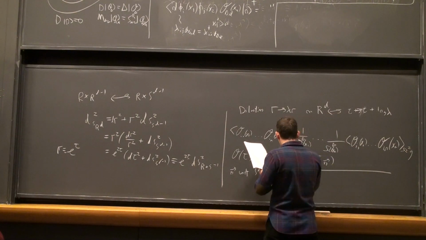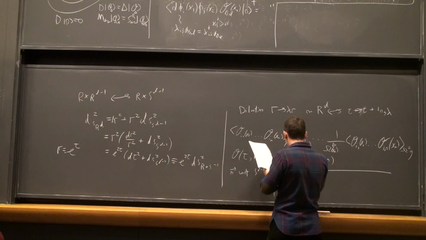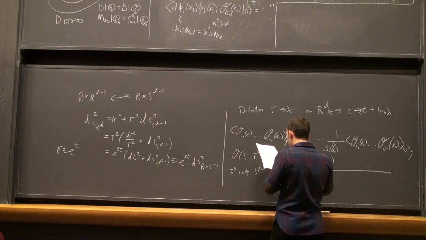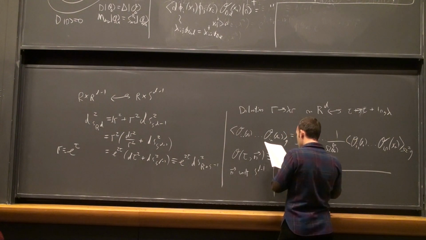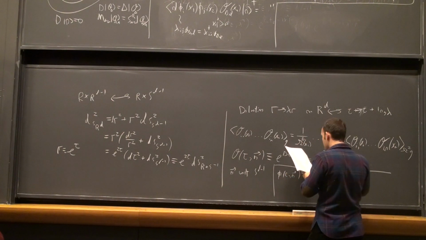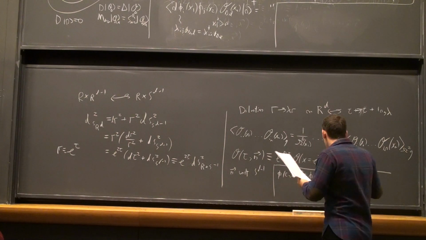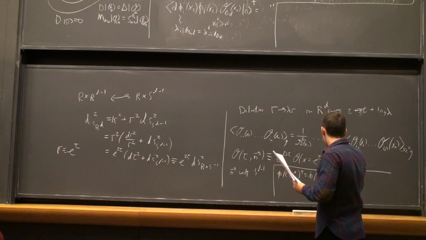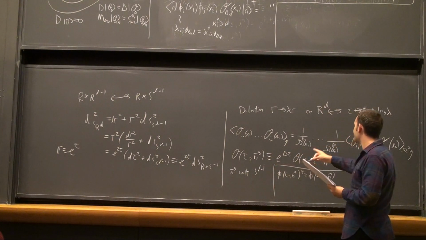So remember, conjugation for Euclidean quantum field theory on flat space, say for some scalar, how did that work? When you conjugated, you just got the scalar operator with a minus sign next to its time direction, which is what we identify with tau. But if we now translate cylinder operators to flat space operators, then we have this extra factor of e to the delta tau.